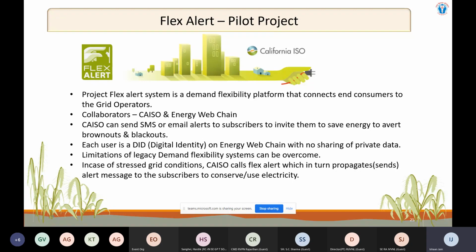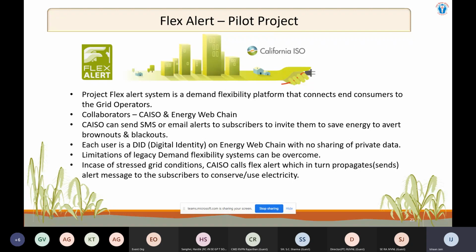You just have to show them that currently the price is this, and if you want to purchase power or accept a power cut, you need to clearly visualize that, because everybody has a different understanding. At the grid operator level, we are more concerned about the frequency, but at the end consumer level, we are most concerned about the economy. So this Flex Alert demand flexibility platform will take care of this.